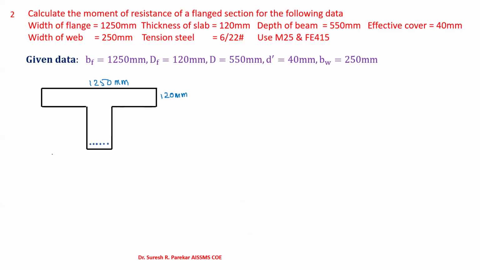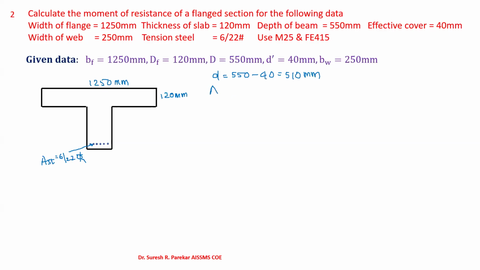Then AST we have 6 bars of 22 torque, and then we will write small d as 550 minus 40, so it comes to 510 millimeters.